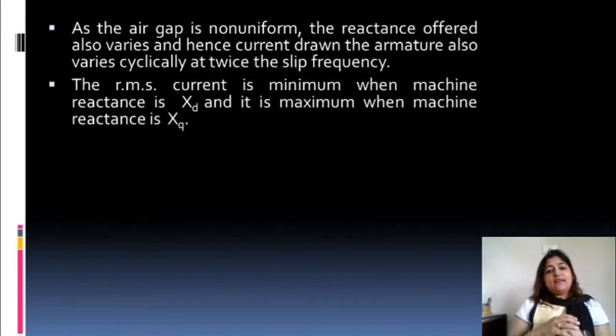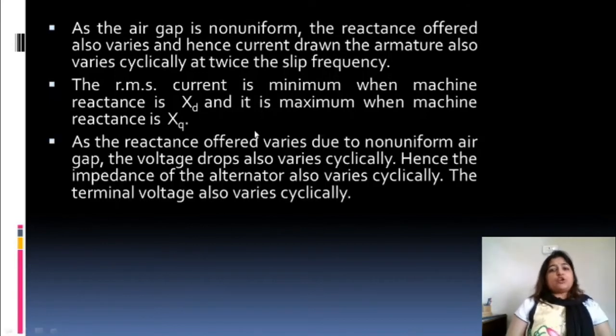The RMS current is minimum when the machine reactance is Xd, and maximum when the machine reactance is Xq. Because of the non-uniformity in the air gap, the reactance offered will vary cyclically, and hence the voltage drops will also vary cyclically. Why? Because if the reactance is varying cyclically, the impedance will vary cyclically.